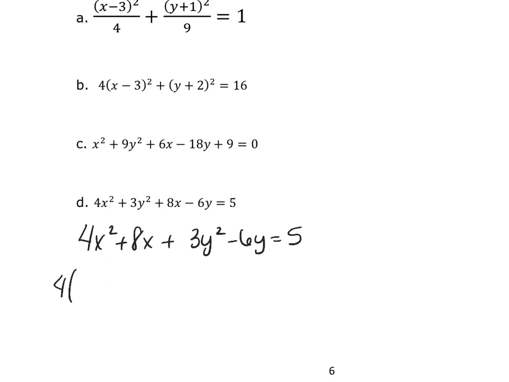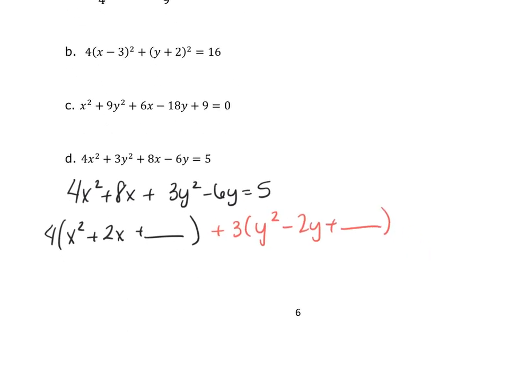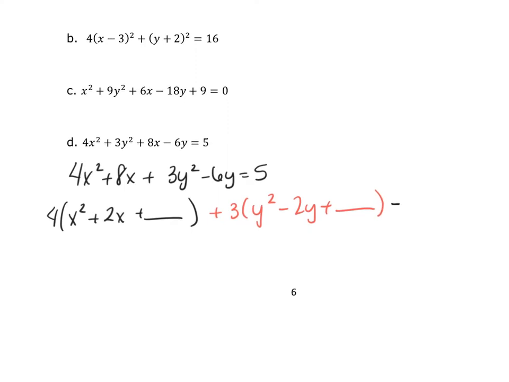So it's going to be 4 times x squared plus 2x plus something. And then I'm going to do the same thing with a y. So plus 3 times y squared minus 2y plus something. This is going to equal 5 plus.